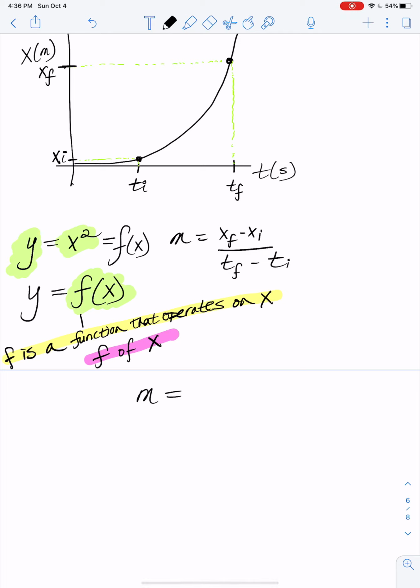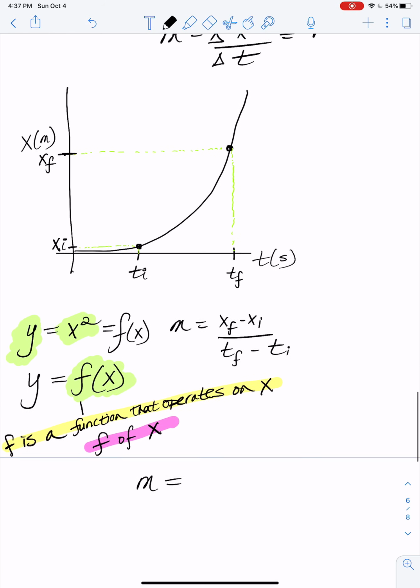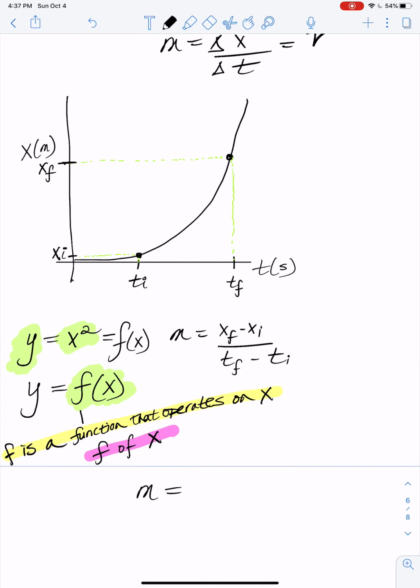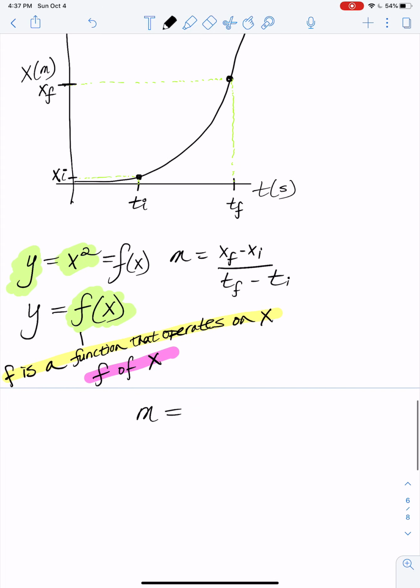So I'm saying then that instead of xf, which is my y-axis value, I'm gonna have the function f operating on tf, and so instead of xi, I'm gonna have the function f operating on ti.